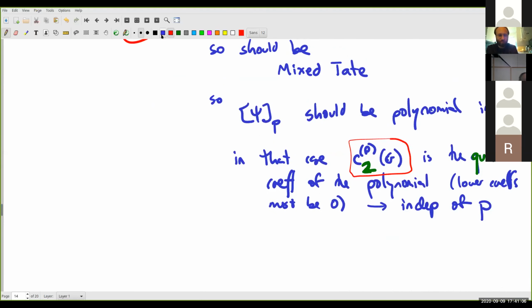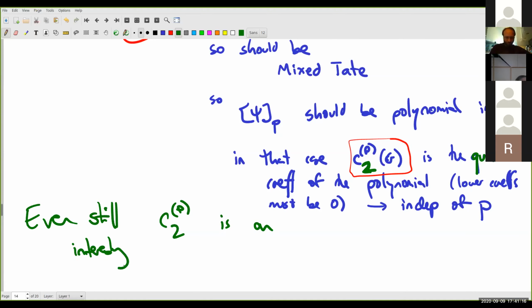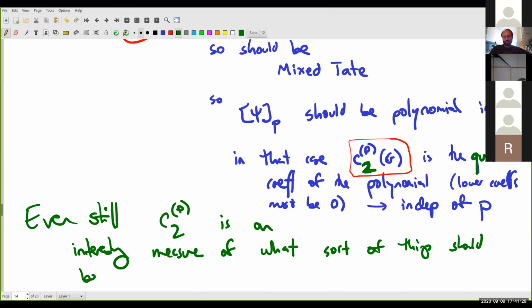So even though it's false, even still, this C2P is an interesting sort of measure of what sort of things should be going on in PG and its geometry.